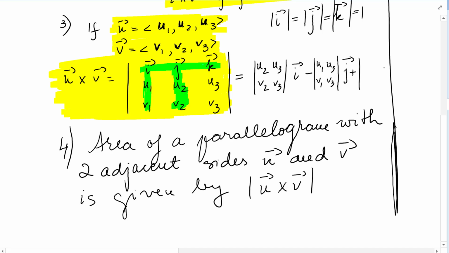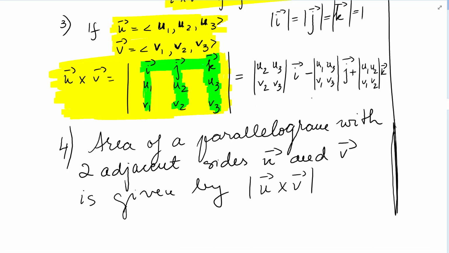Then plus what is left after we cross out the column and row of k, so we are left with u1, u2, v1, v2. By calculating these determinants and writing the coordinate unit vectors i, j, k, we can find the cross product. And we notice that when we find the cross product of two vectors, we end up with another vector.